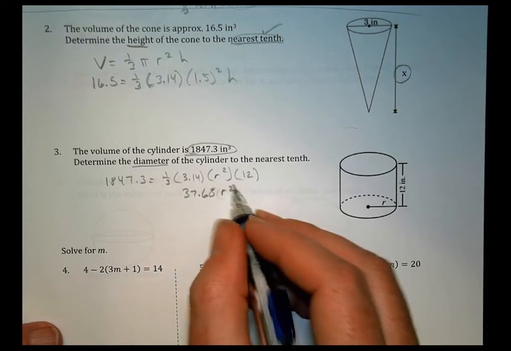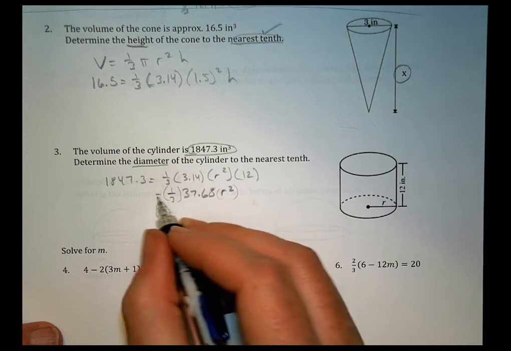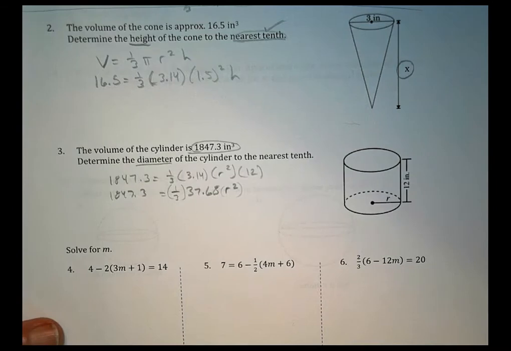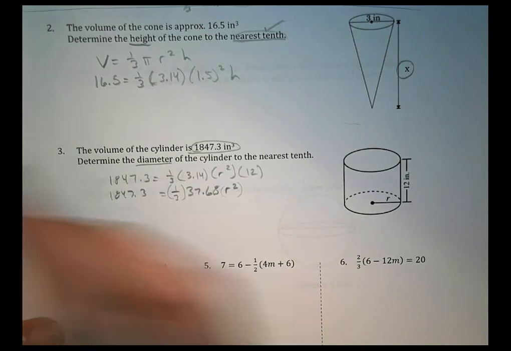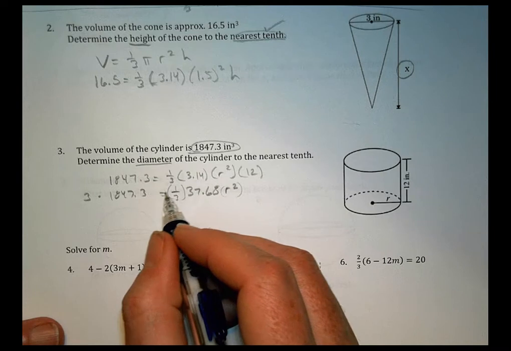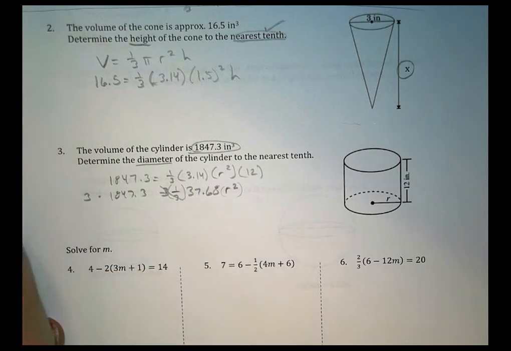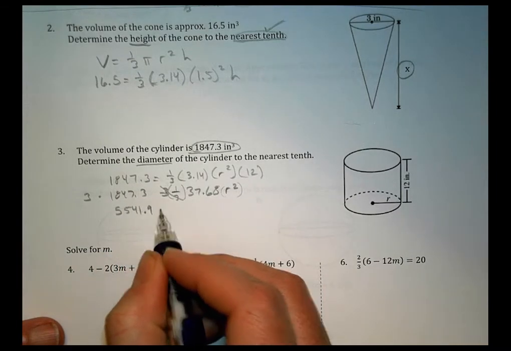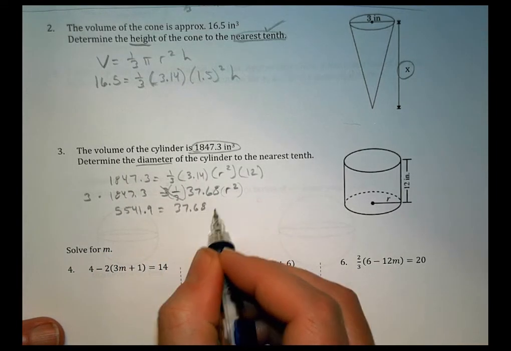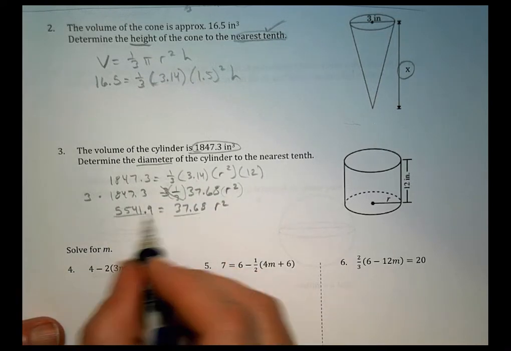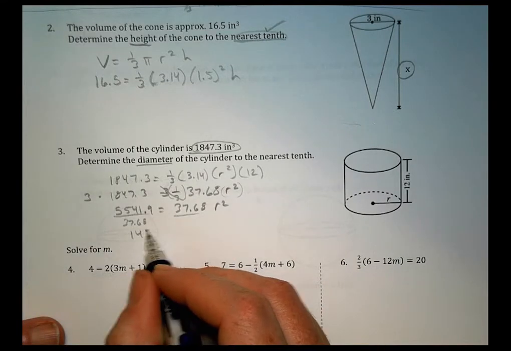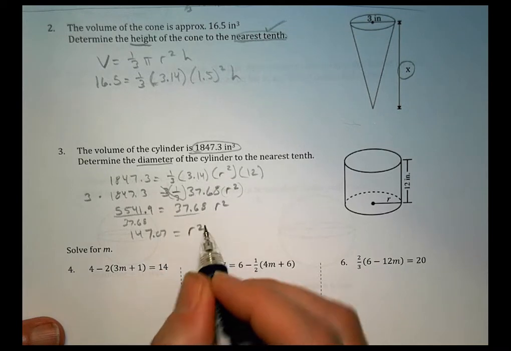Keep the radius squared, and I still have a 1/3 equals all of that. So now we can take 1847.3 and multiply both sides by 3 to get rid of that. We have 5,541.9 equals 37.68 radius squared. We'll divide it by 37.68, and we have 147.07 equals radius squared.